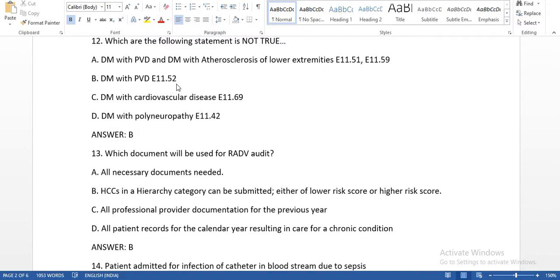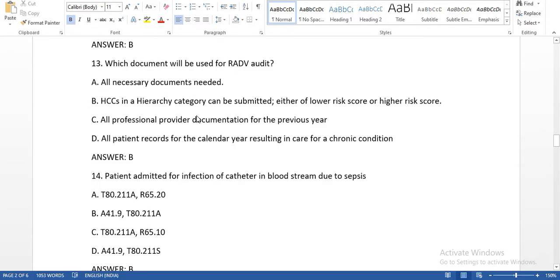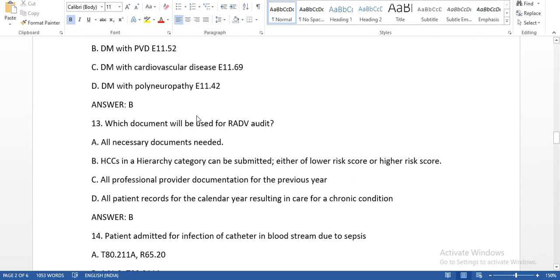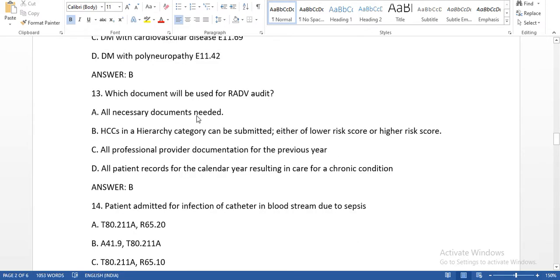So B is the wrong statement. Here we need to find the not true one. So E11.52 is not correct. E11.51 is correct.